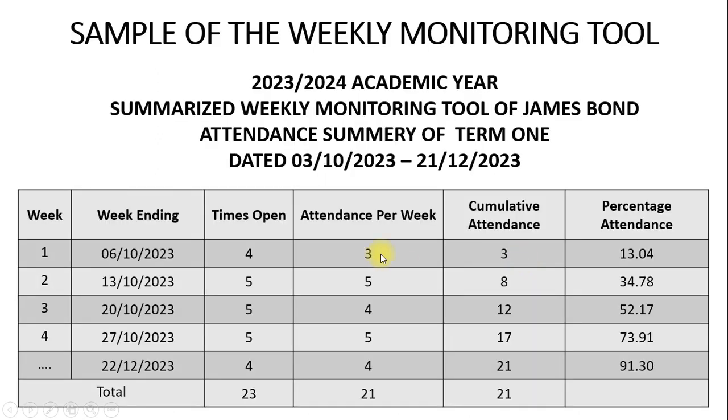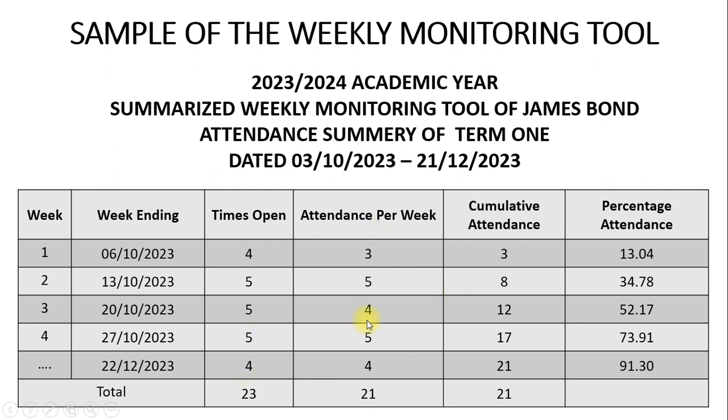So on our chart here, the total times open is 23. So for 2024 term 1, you have to know the total times open. So maybe it is 58 or it is 60 or whatever number you have, the correct number, write it. That is the total times open.